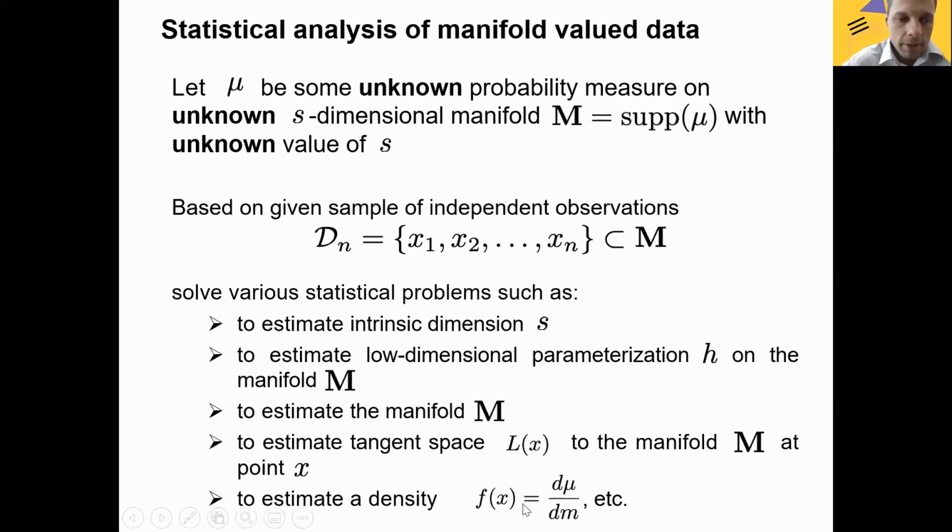And we may also need to estimate a density living on this manifold, because if we would like to generate, for example, images of faces, or images of cats, then of course these images are located on some image manifold, but not all parts of that image manifold correspond to cats. So we need to somehow model density on that manifold, and this is exactly what generative adversarial networks do. This is the reason why they work.